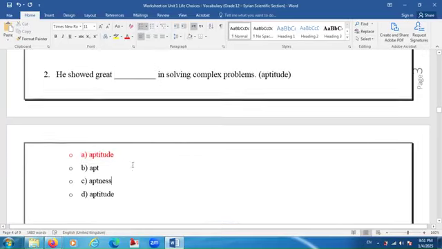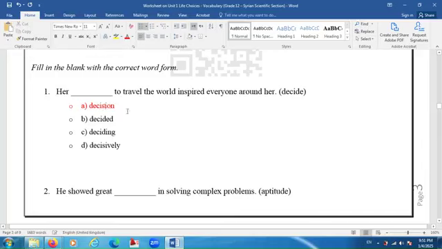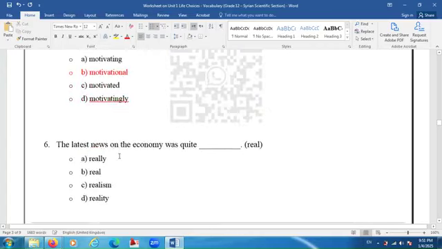Okay? That's how I am solving them. Her decision. Decision is our noun because her here is the adjective, so her is identifying or modifying the noun decision. So where is the noun? Decision is the noun.